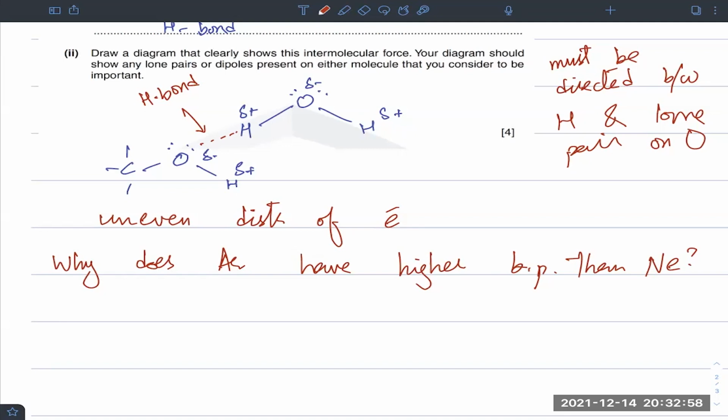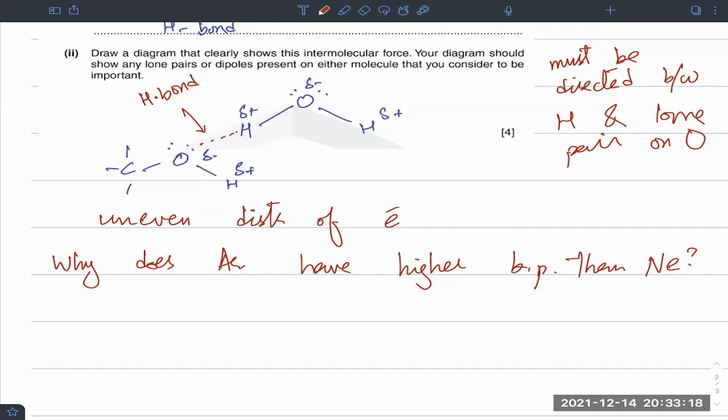Ji, sir. So it has more electrons. That's true. Which leads to what? A stronger dipole. Okay. Or we can say there is higher polarization. So the reason is that you have more electrons in argon.